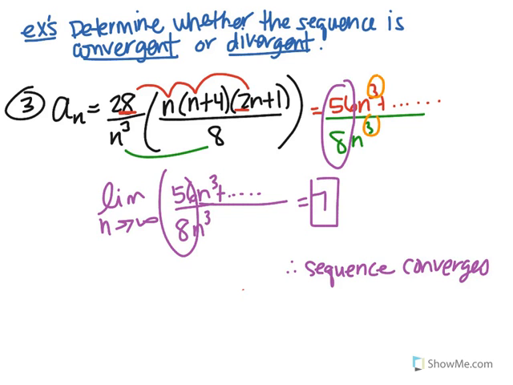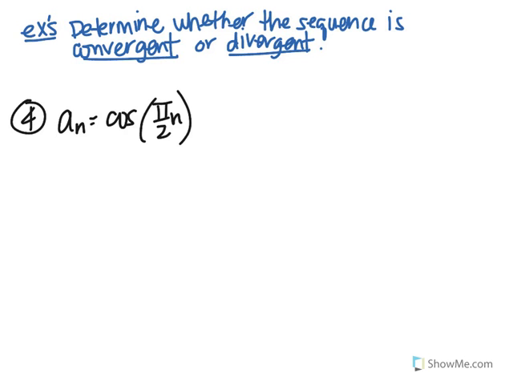Okay, so our next example, we'll give you a cosine one. So in this example, it's hard to find a dominant term, can't really do that. So you're going to have to, again, start by writing out the first couple terms. And in order to do that, I'm going to probably need to use the unit circle, because I'm going to plug in 1 to get the first term. So I get pi over 2 times 1, or cosine of pi over 2.